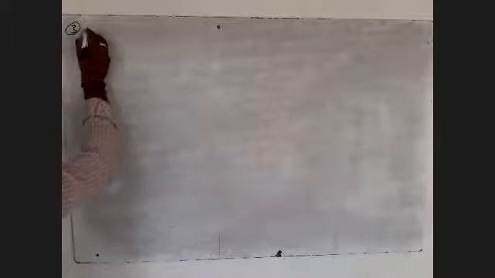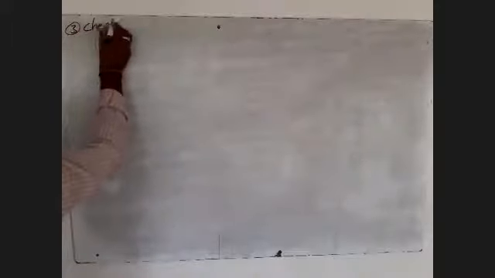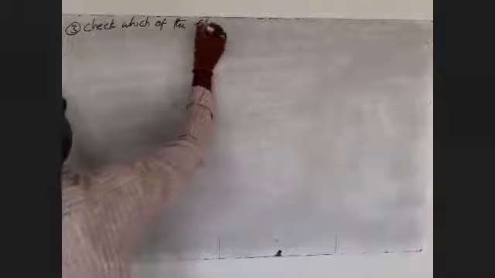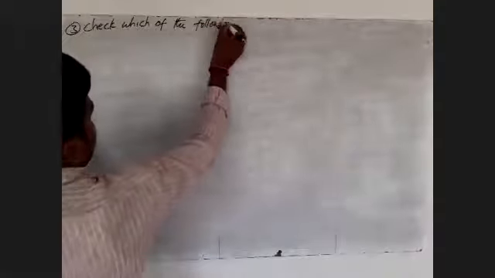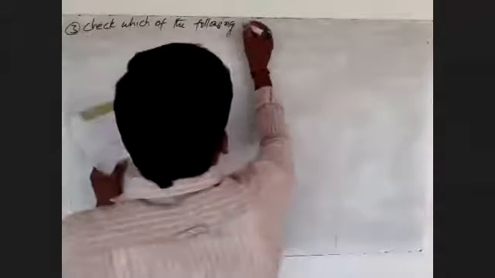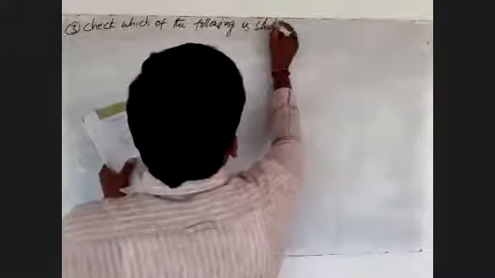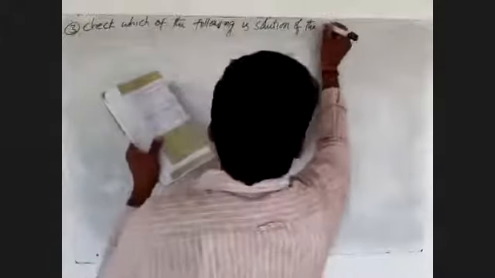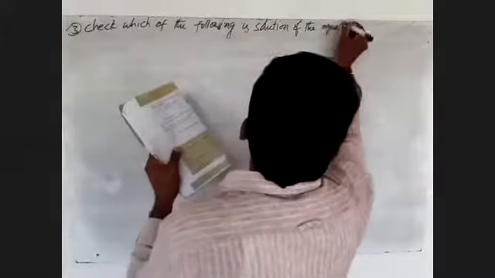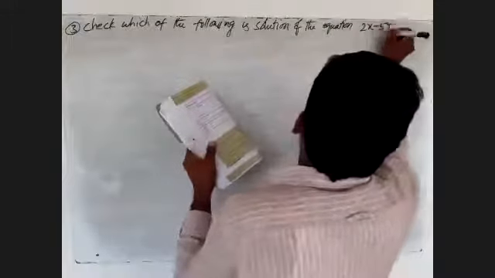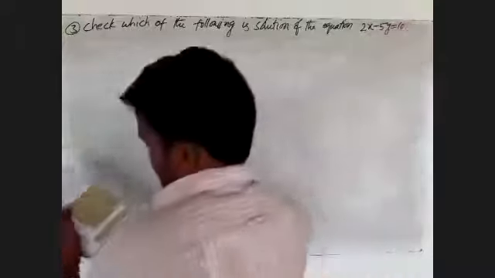Now I am going to the third problem. Check which of the following is a solution of the equation 2x minus 5y is equal to 10.